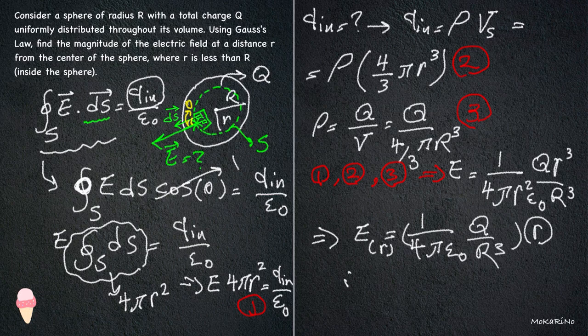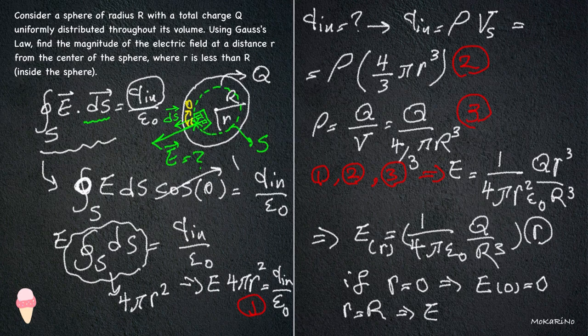It changes linearly. If, for example, we find E at the center, r is equal to 0, I can say E0 is equal to 0. As on the surface of this sphere, where r is equal to R, you see that the electric field is equal to 1 over 4 pi epsilon 0 times Q divided by R2.